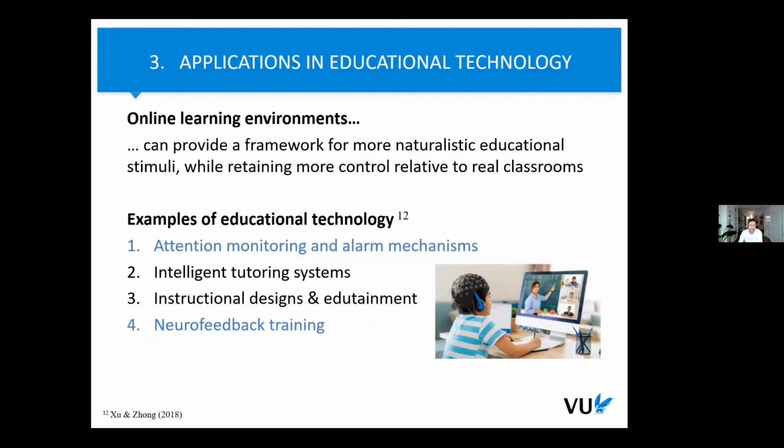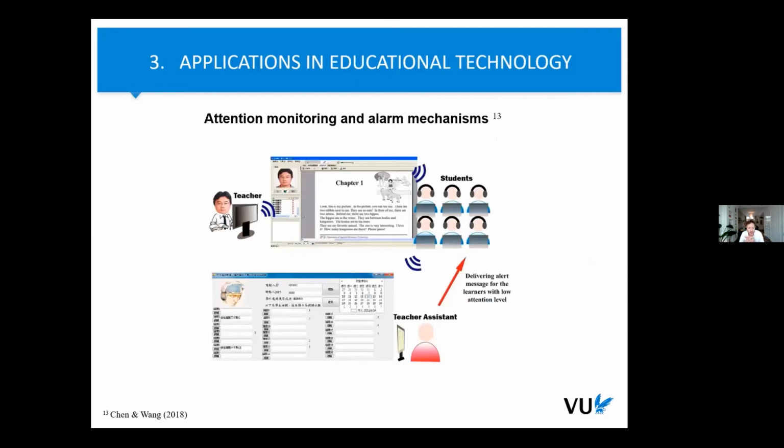So for number 1 and number 4, I will give 2 examples. The first one is a study by Chen and Wang. There, a teacher provides online learning for several students. And while these students are reading and learning, they wear a mobile EEG system. This mobile EEG system measures alpha frequency power, which is related to attention.